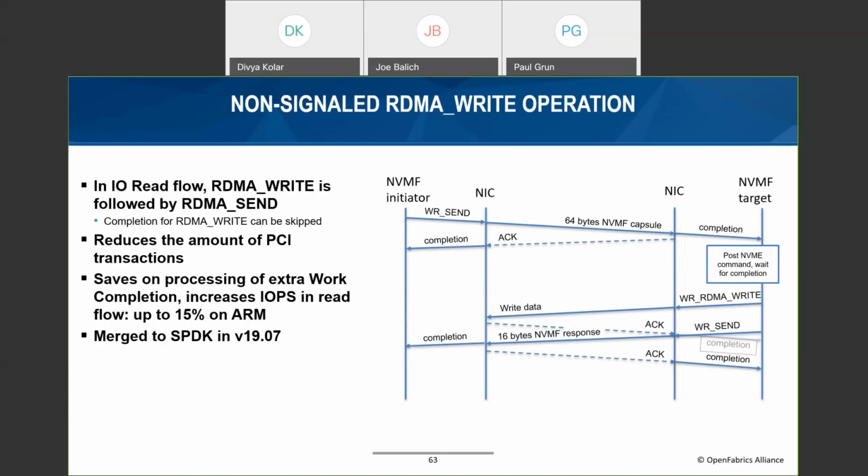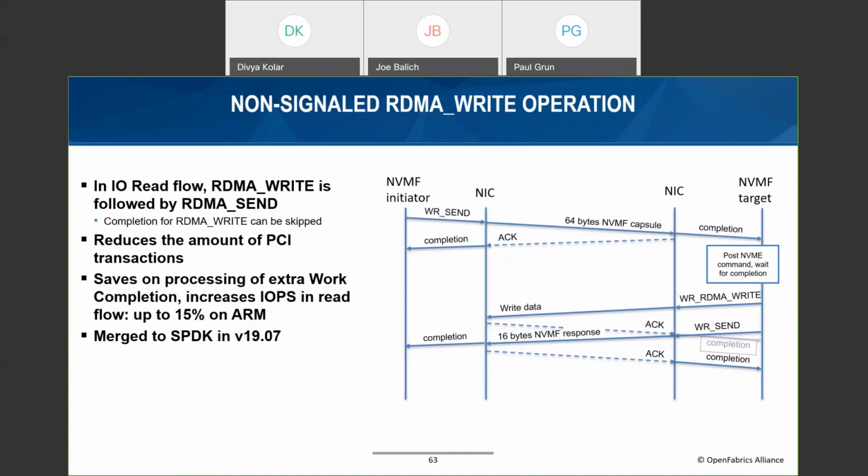These two work requests produce two work completions on the target, and since RDMA write and send operations were sent in a strict order, completions for them will be generated in the same order. That means that we can skip processing of the RDMA write completion by marking this work request as non-signaled and finalize the operation in the target during the processing of the send work request completion.